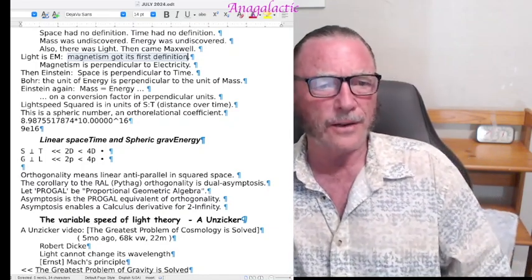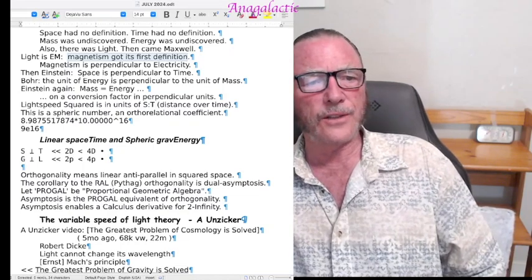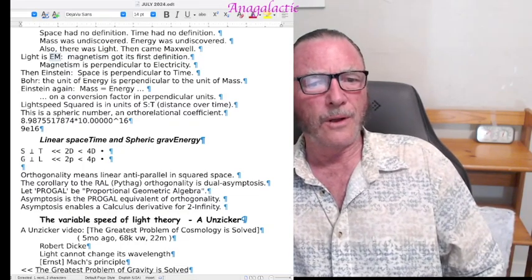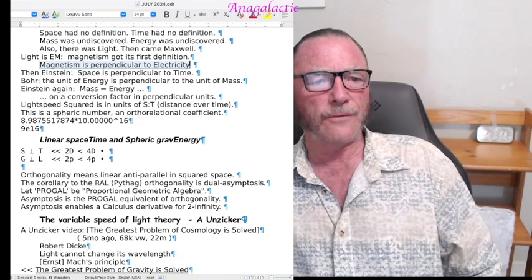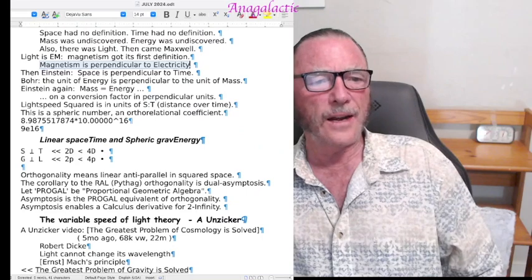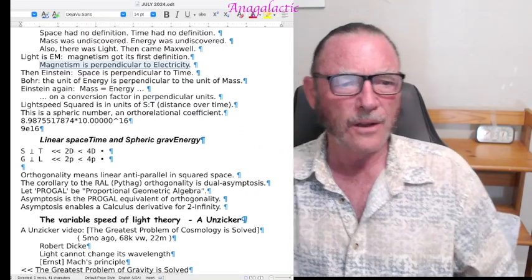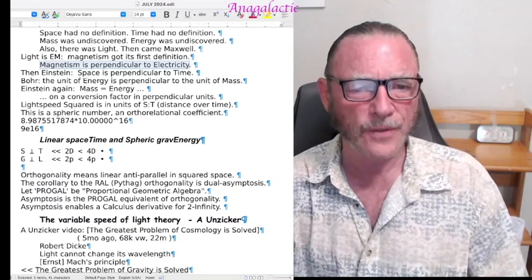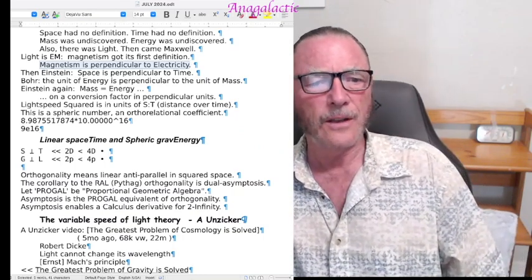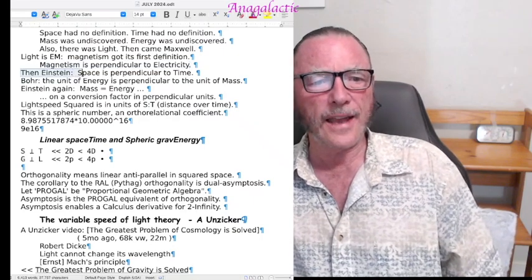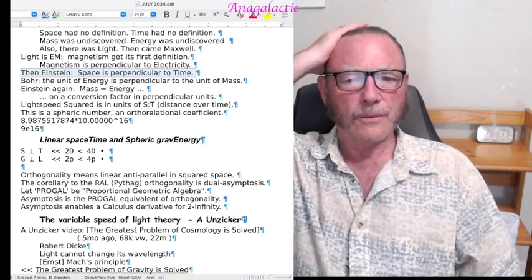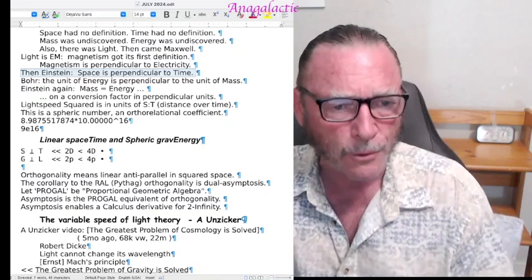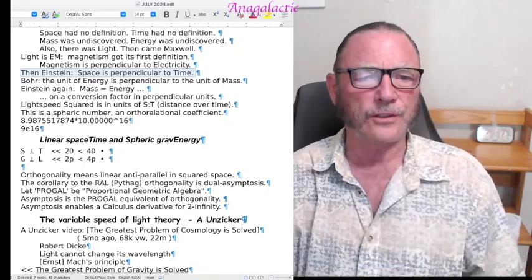So magnetism got its first real definition because it's a component of electromagnetism. And here's the geometric basis of James Clerk Maxwell's discovery of the electromagnetic wave characteristic of light, that magnetism is perpendicular to electricity. That has been proved. Then came Einstein, just a few decades after Maxwell, and Einstein proved that space is perpendicular to time.